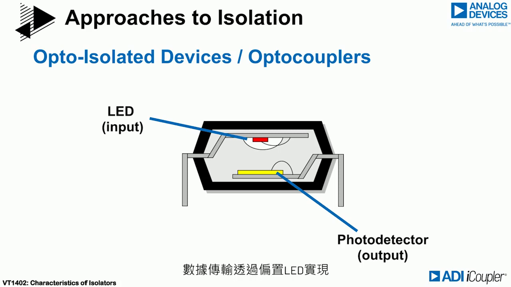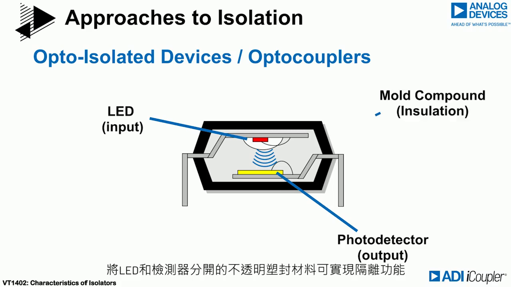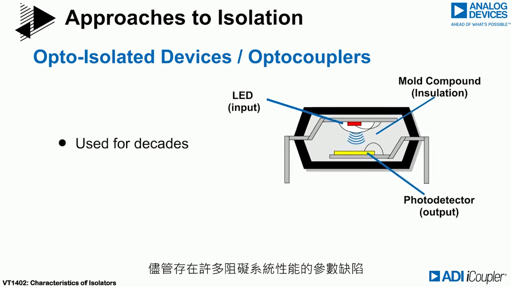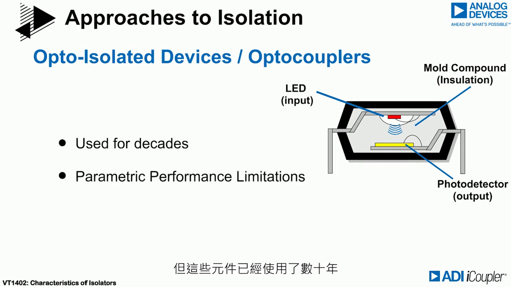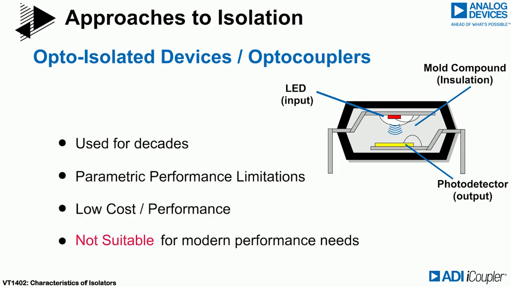Data is transmitted by biasing the LED, which produces a current on the other side of the isolation. The opaque mold compound separating the LED and detector provides the insulation. These devices were used for decades, even though there were many parametric drawbacks that hindered system performance.